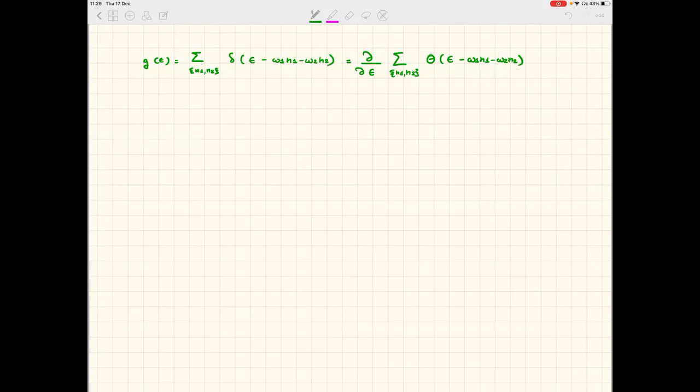So I can call this object the derivative with respect to epsilon of big G of epsilon. What is G of epsilon? Let's think about the physical meaning of this.